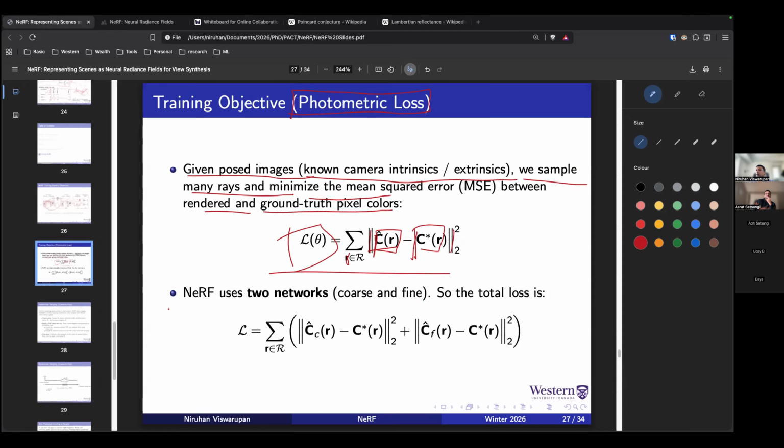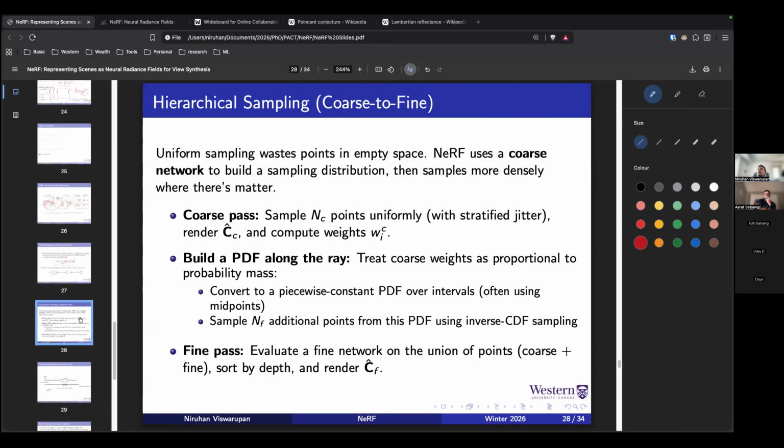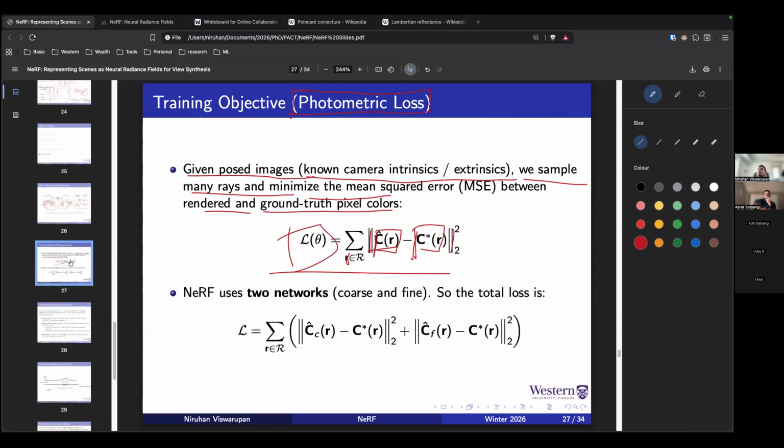Okay, then beyond this point I will discuss some stuff that is not really essential theory. I think we have covered all the essential theory until this. The rest are just whatever they have done to empirically improve the performance.